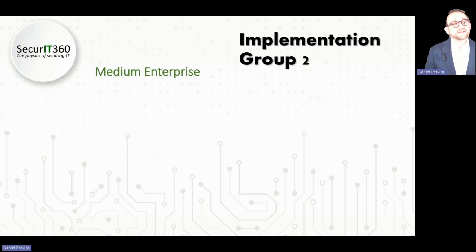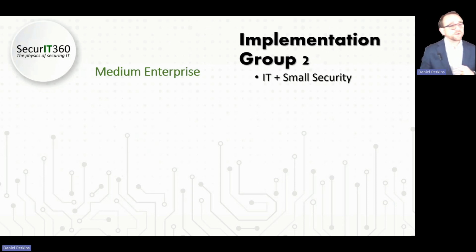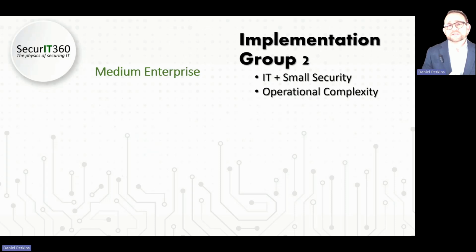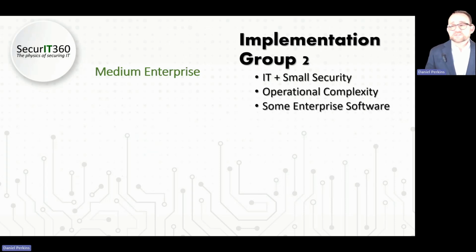Now, group 2, we start getting into medium enterprise, right? Most likely these have a dedicated IT at this point, maybe a small security team or outsourced security. Maybe you're working with somebody like Secure IP 360 to manage that. Operational complexity is increasing. We may have some enterprise software in our environment, but we're still using a lot of commercial off-the-shelf products.